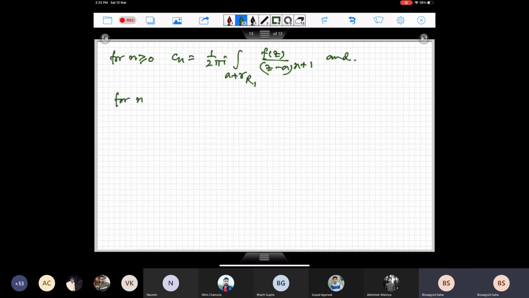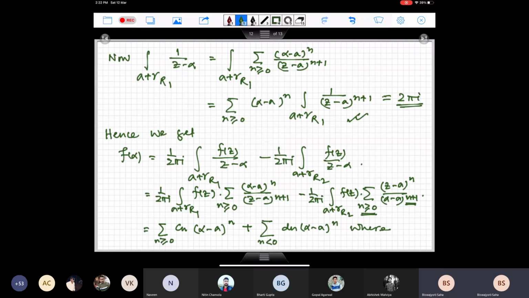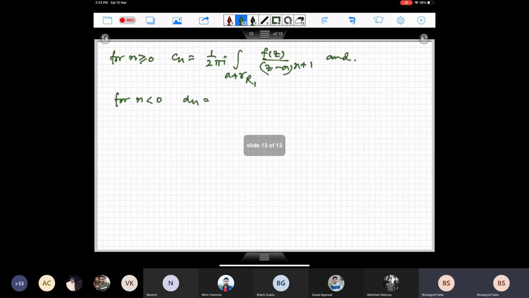For n less than 0, what is Dn? We can see this is f(z) times z to the power n over here, and that corresponds to n minus 1. So this Dn is going to be 1 over 2 pi i, integral over a plus gamma r2, of f(z) divided by (z minus a) to the power n plus 1 again. But here remember n is negative.